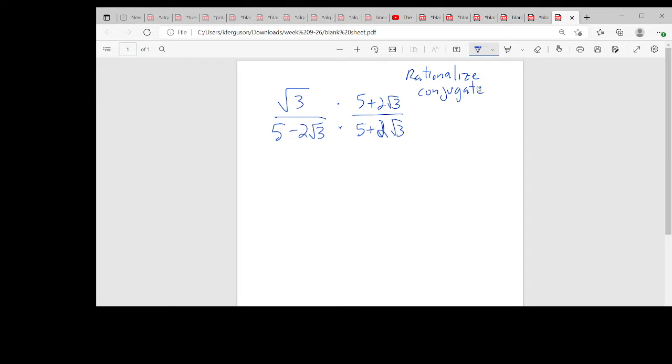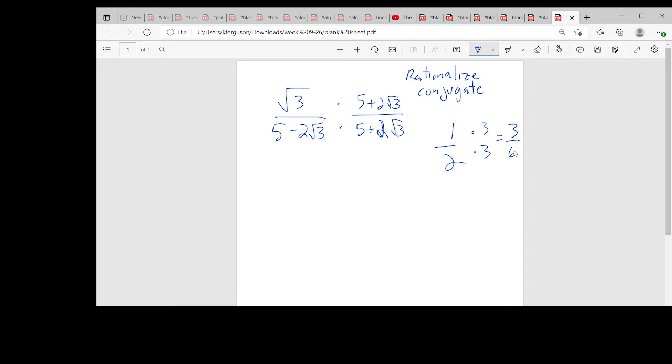Now, why am I multiplying the top and bottom? Because when you have a fraction and you multiply the same thing on top and bottom, it doesn't change the value of the fraction. It may make your numbers bigger or smaller. If you have a fraction, for instance, 1 over 2, we know that's 1/2. If I multiply 1 over 2 times 3 on top and bottom, I get 3 over 6. Isn't that 1/2? 3 is half of 6.